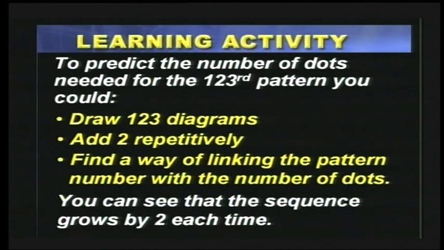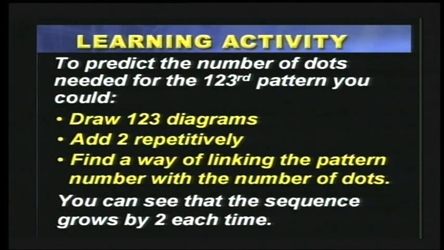So here is just an example. To predict the number of dots needed for the 123rd pattern, you could, in your book, instead of drawing 123 diagrams, use a rule that we will be learning today to help you come up with the simplest way of having it in the different forms.